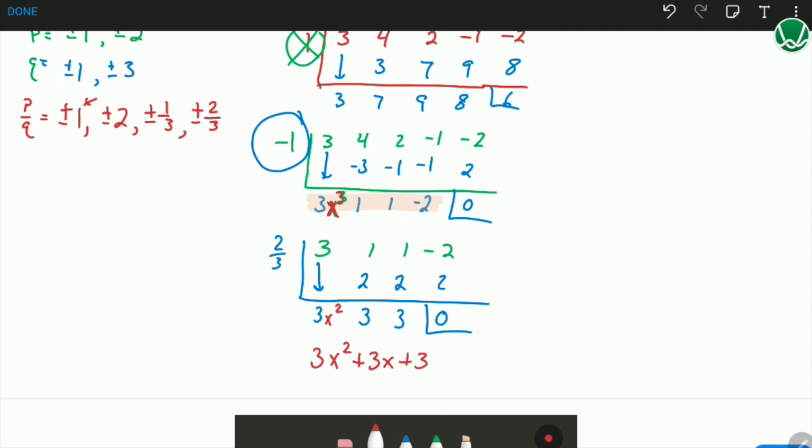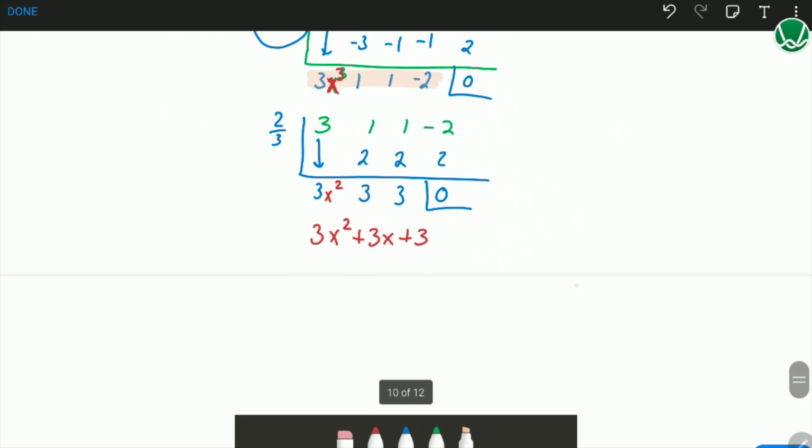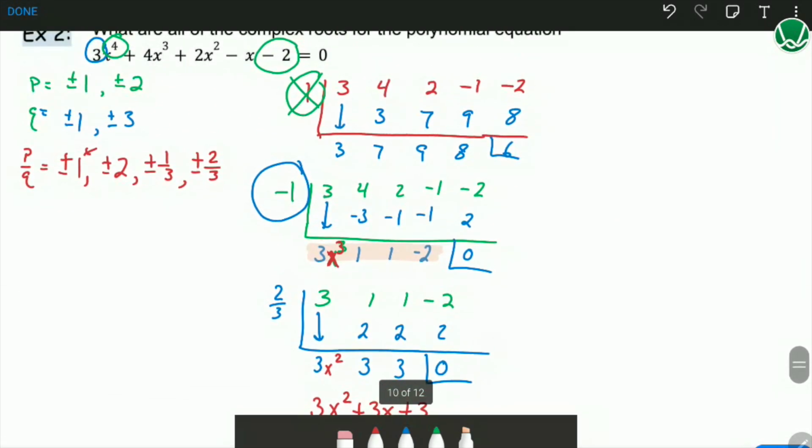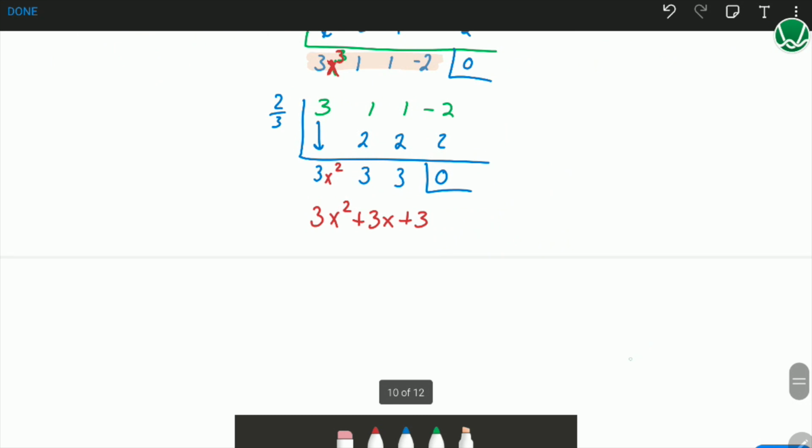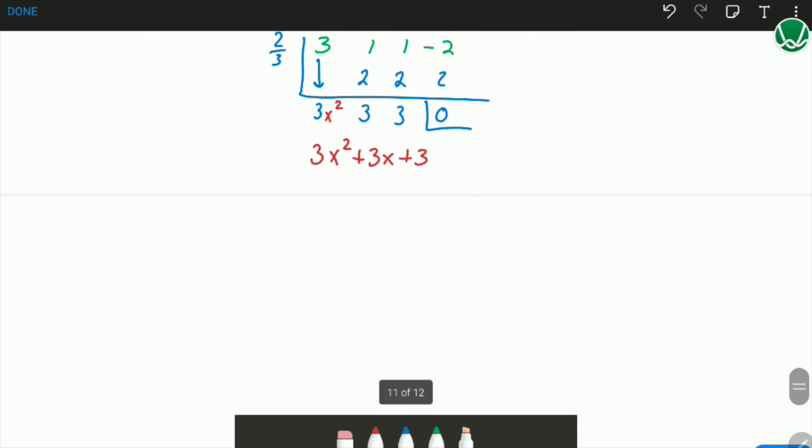Now, it's at this point where you can try to factor the polynomial. This particular one I already know doesn't factor, but you can always try to factor and get the roots that way. But since I know for sure it doesn't factor, I'm just going to use quadratic formula to finish finding the rest of the roots.